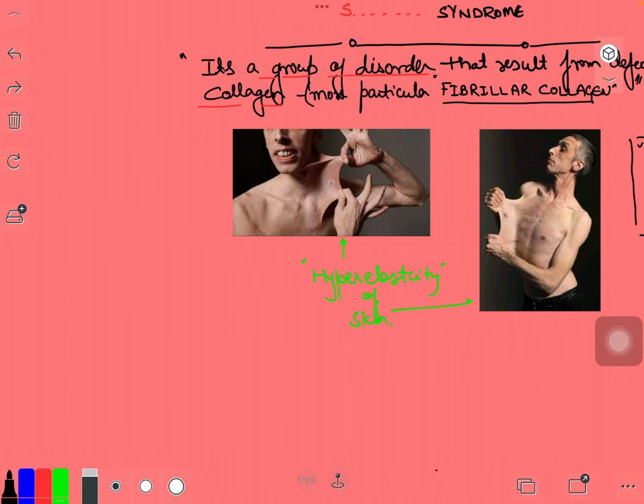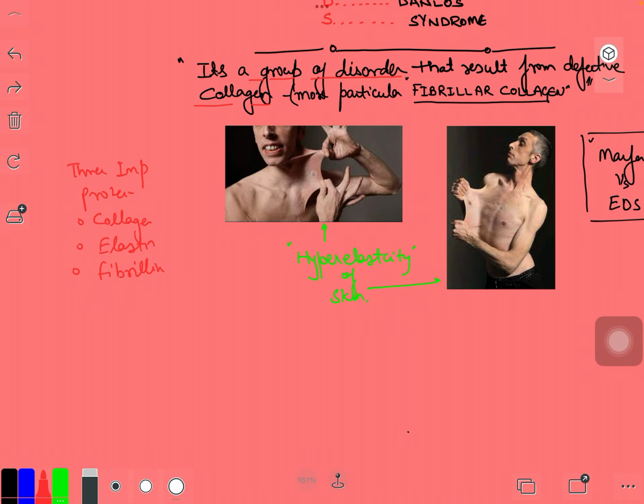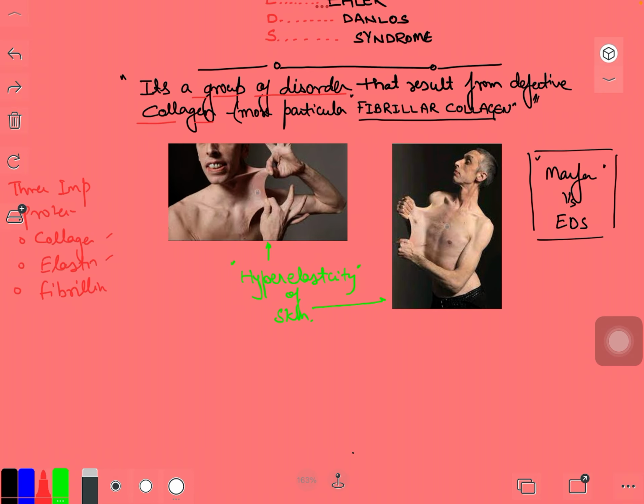We know there are three different types of protein, right? Three important proteins: collagen, elastin, and fibrillin. Right. So there are different disorders that affect these three different types of protein.